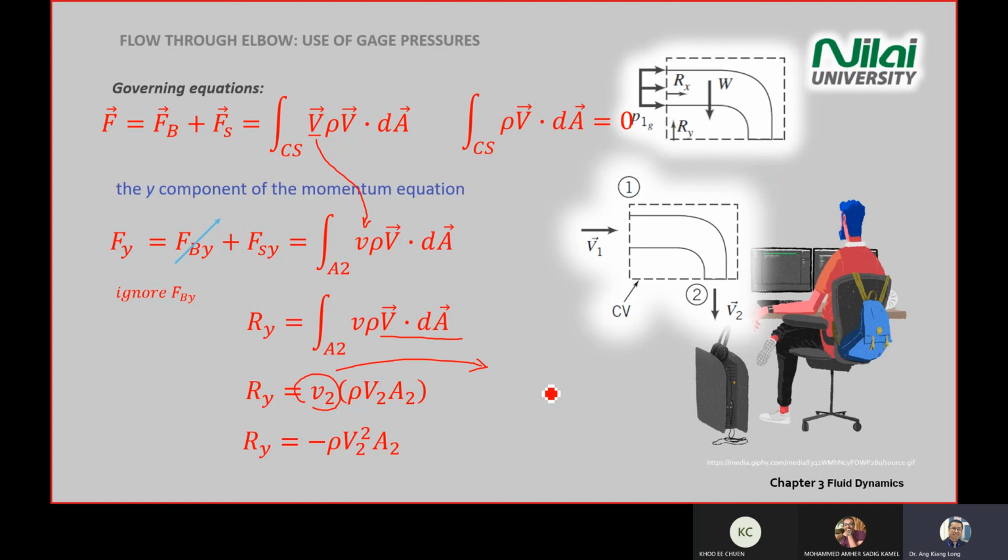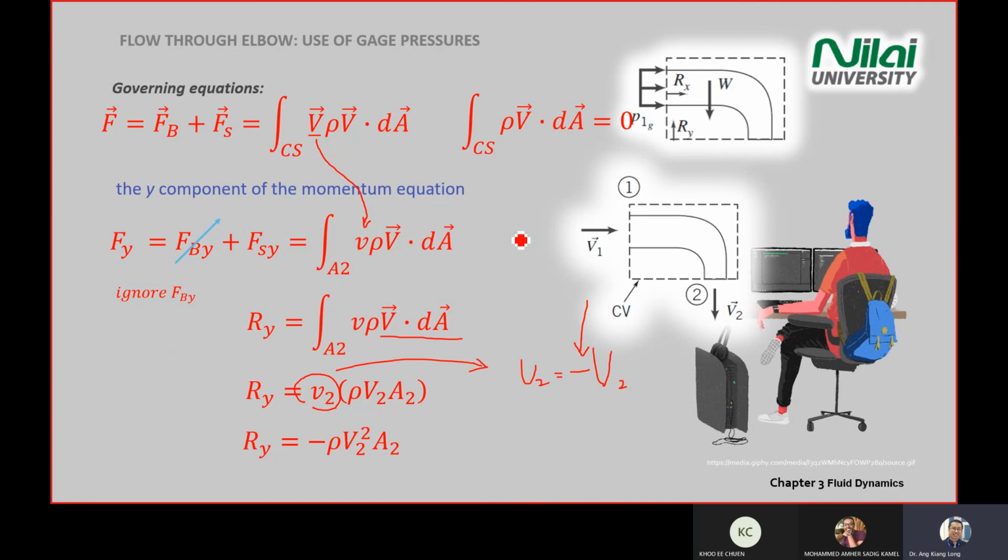Your V2 has a negative sign, because the velocity is going down and your y is positive going up.